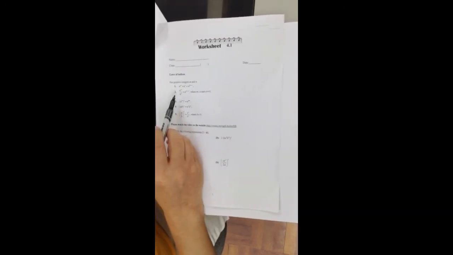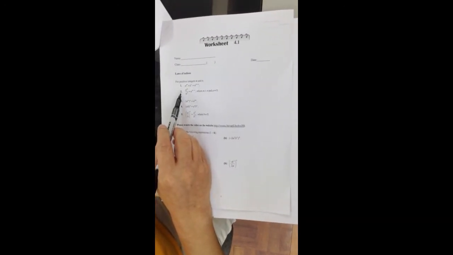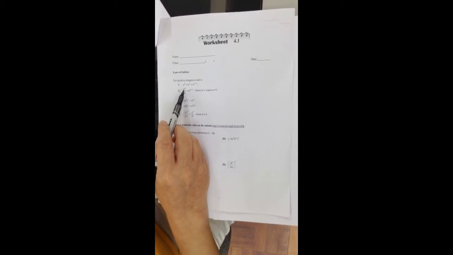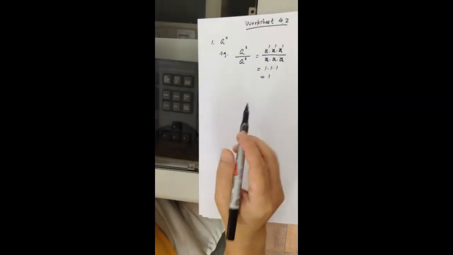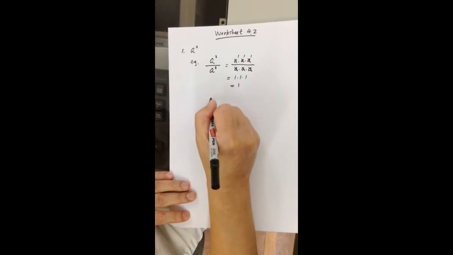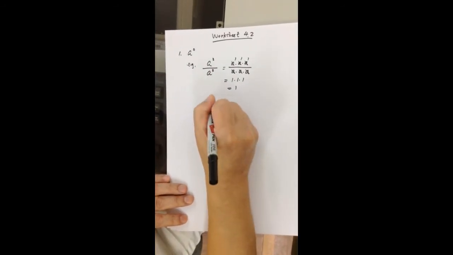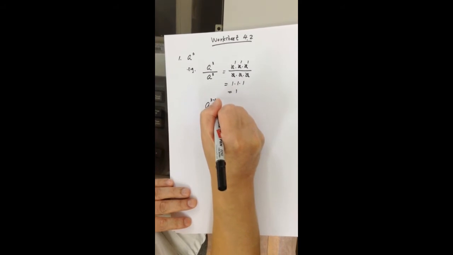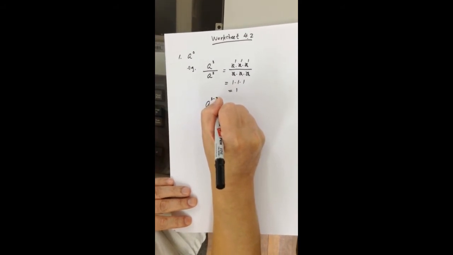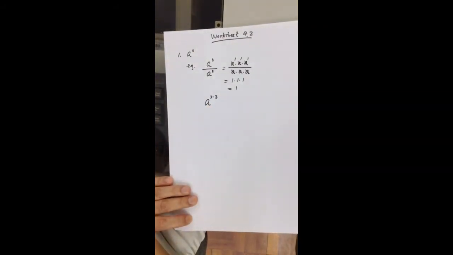This is formula 2. If we use formula 2, a to the power m divided by a to the power n, we can use the index m minus n. Similarly, if we repeat this question, we can use the formula a to the power 3 minus 3.